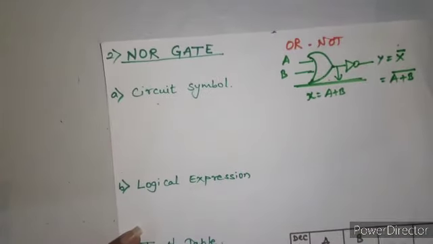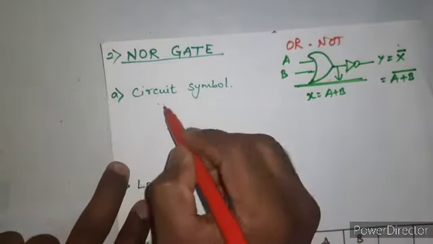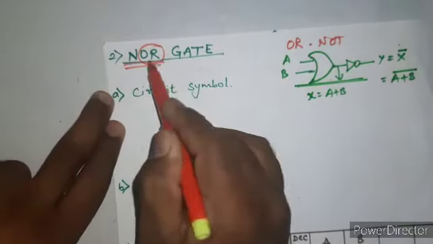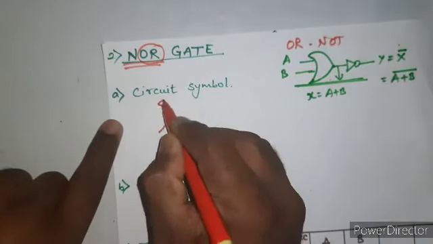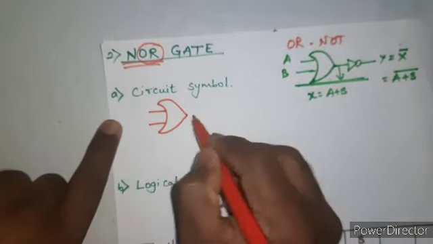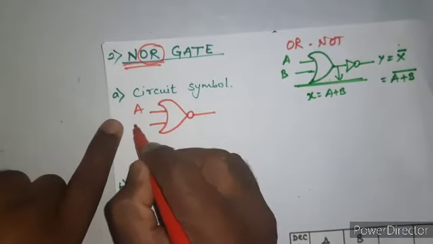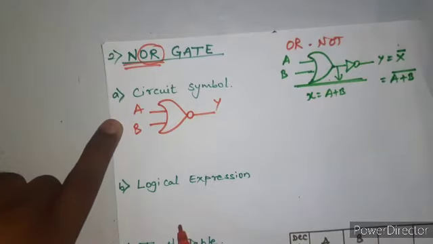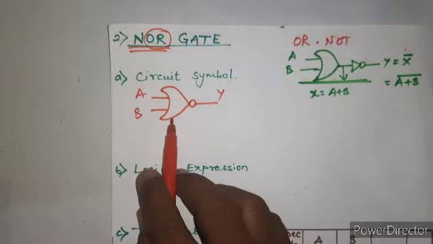Okay, so what is the symbol for NOR gate? The symbol for the NOR gate is, here since we have OR in the NOR, the OR gate will be reflected now. Here we have this bubble here, so this is A, this is B, right? And this is Y. So this is the symbol for NOR gate.